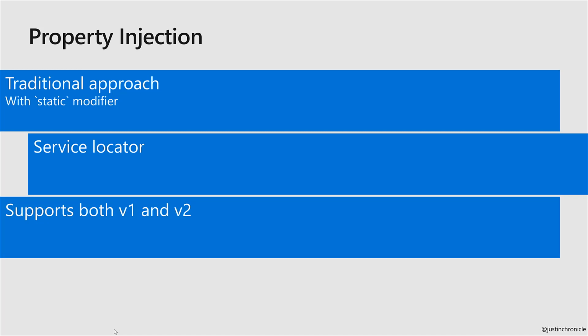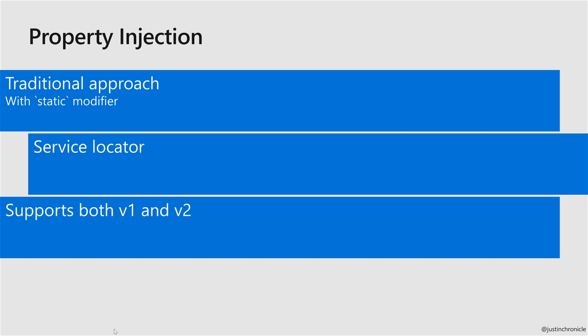And the good thing is this property injection supports both version 1 and version 2. Some libraries, even from Microsoft, only support the .NET Framework, not .NET Core yet. In that case, we have to stick to version 1.